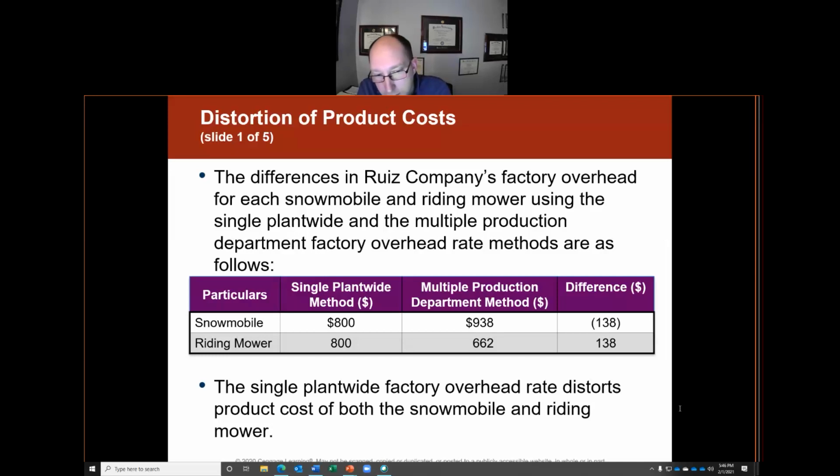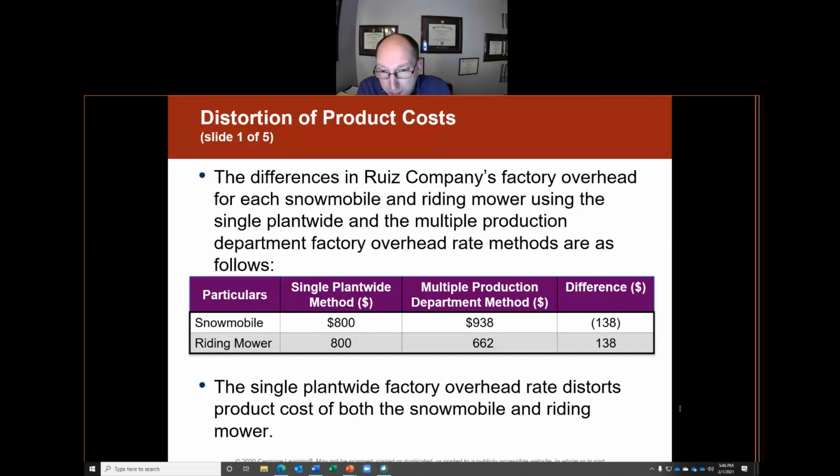You're like, oh, that's interesting, because I see that it's actually higher for snowmobiles than the single plant-wide method, and it's lower for riding lawnmowers. Well, it's because the snowmobile spends more time in metal fabrication and less time in assembly, and the riding lawnmower spends more time in assembly and less time in metal fabrication. That's why there's a difference between the single plant-wide method and the multiple production.